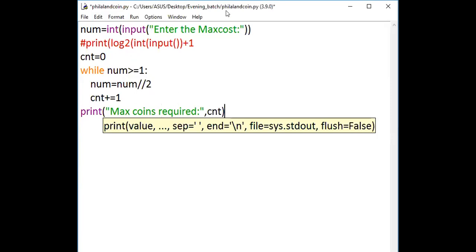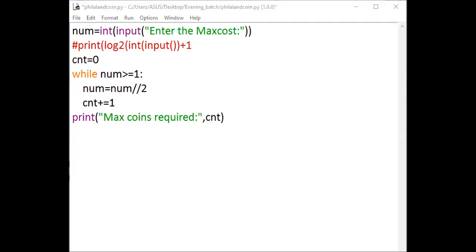You can write it in a single line, or you can do this also. Continuously divide the number. Since it is a power of 2, you can go ahead, until the number is greater than or equal to 1. So you can start executing this.